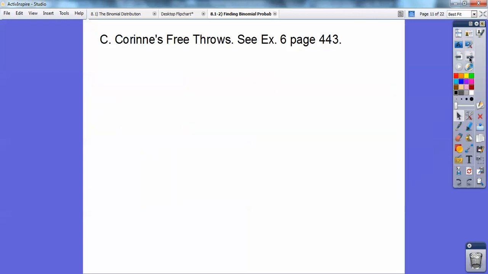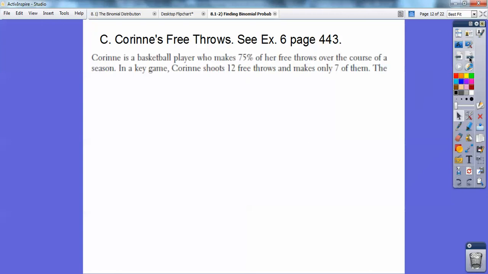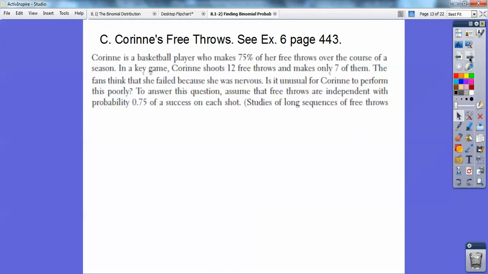Here's Kareen's free throw. This is example 6 on page 443. Kareen is a basketball player who makes 75% of her free throws over the course of a season. In a key game, Kareen shoots 12 free throws and makes only 7 of them. The fans think that she failed because she was nervous.